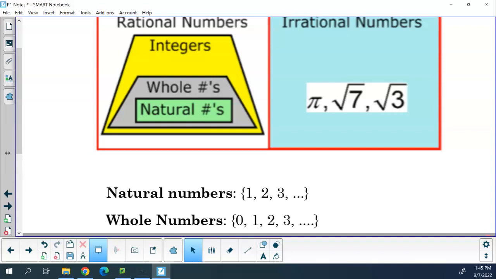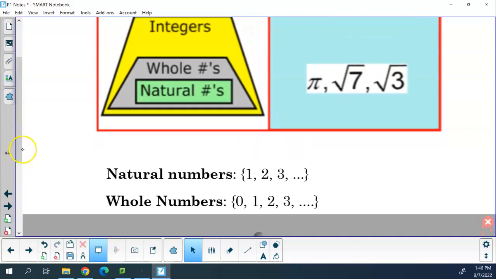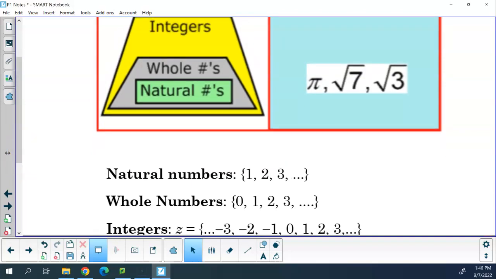What are integers? Half of you are thinking of it. Say it, please. Not just positive: positive and negative whole numbers.